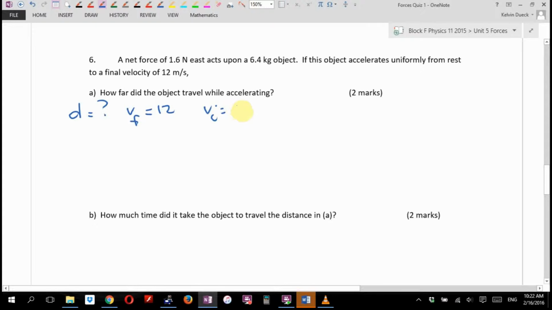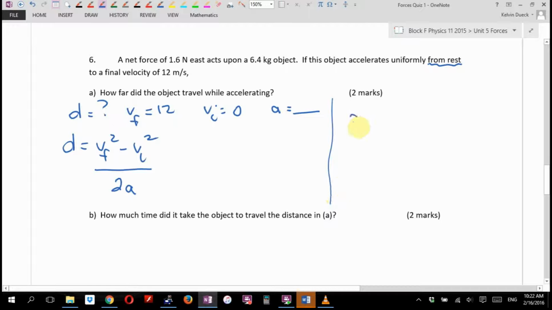V initial equals 0 from rest. If I knew A, I'm good, because then I could go like this: d equals VF squared minus VI squared all over 2A. I used VF squared equals VI squared plus 2AD and rewrote it.